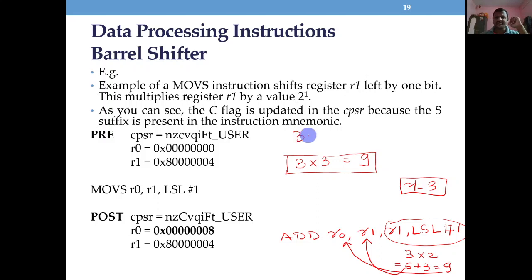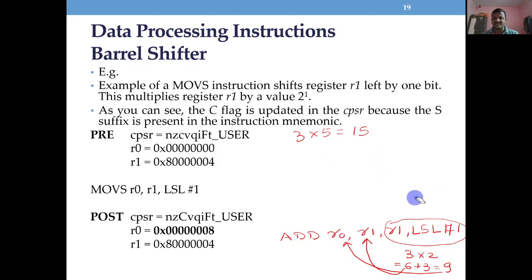Similarly, you can perform 3 into 5 also, which is 15. How can we perform this one? Let's assume that R1 has the content 3, already stored.